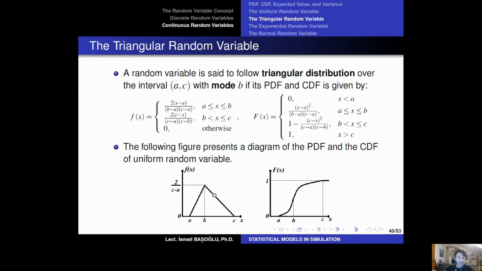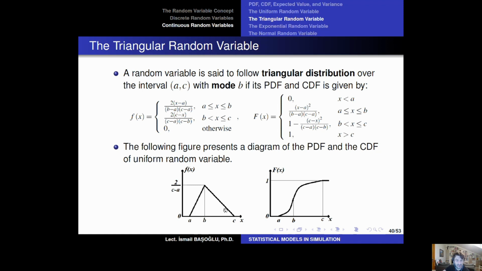Now, if we want the area under this triangle to be equal to 1, then the height at B should be equal to 2 over C minus A, and the PDF will consist of 2 piecewise linear functions here. Between A and B, the linear function is going to be equal to 2 times x minus a divided by b minus a times c minus a.